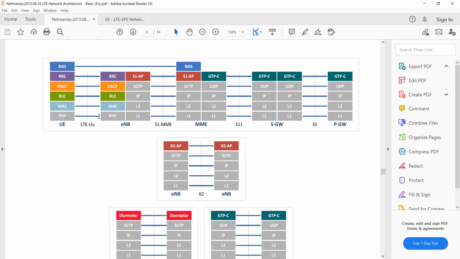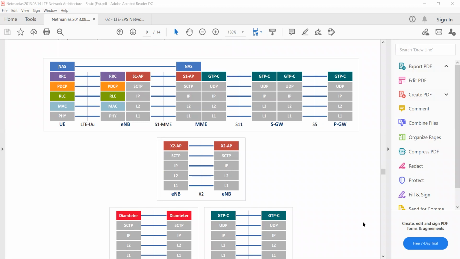Here we discussed some terminologies: mapping, logical mapping, multiplexing, demultiplexing, more things regarding MAC, RLC, RRC. This is just the beginning. You will get new terminologies every day. We will understand in detail as we proceed.